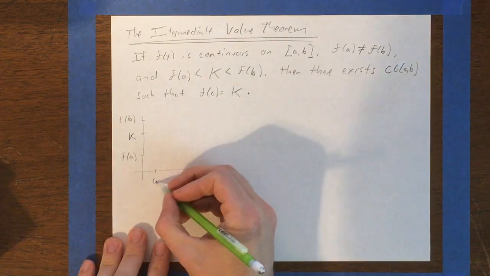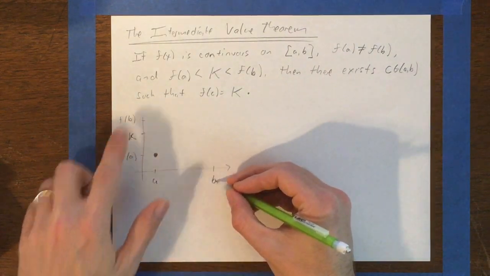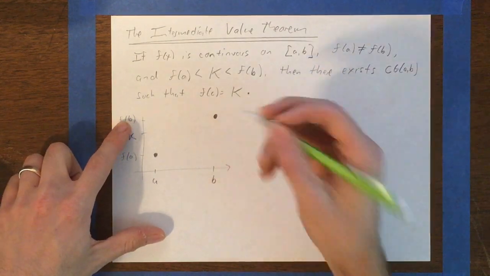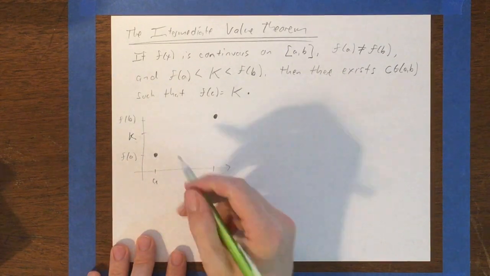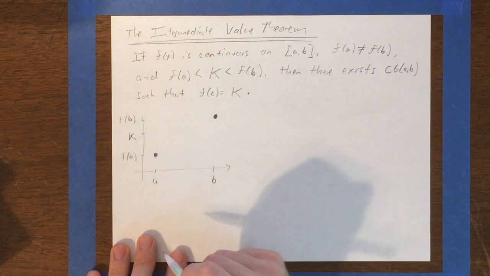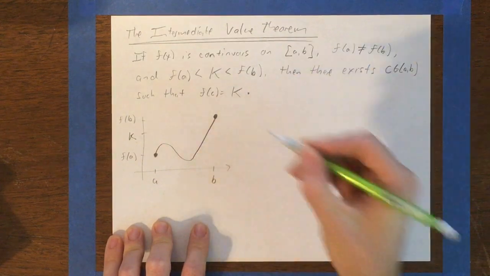And a, f of a is a point on the function, and b, f of b is a point on the function. Our function is continuous on this closed interval, so I have to be able to draw the function by starting at this point and going to this point without picking up my pencil. So maybe the function looks something like that.